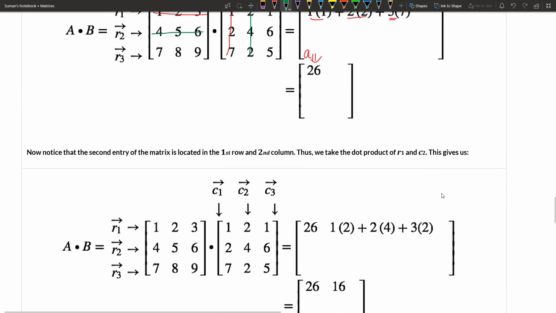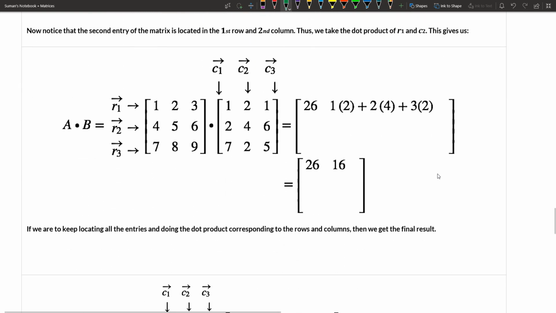Let's check it. Now notice that the second entry of the matrix is located in the first row and second column. So 1 into 2 plus 2 into 4 plus 3 into 2. That is our second entry, and after addition we get it as 16.